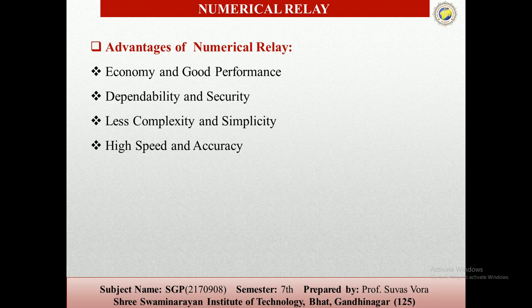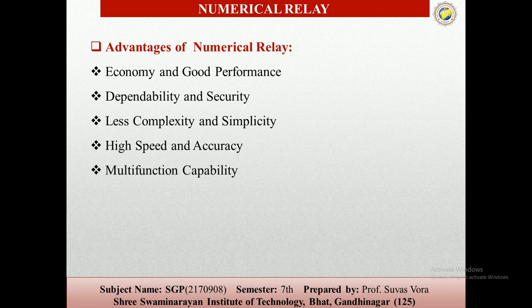In the earlier discussions, we saw that the basic block diagram of the numerical relay is the same as the numerical overcurrent relay. Here we can find the overcurrent and voltage, so we use these CTs. Our main system is connected with the circuit breakers.